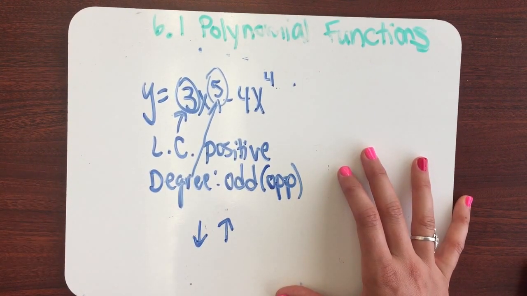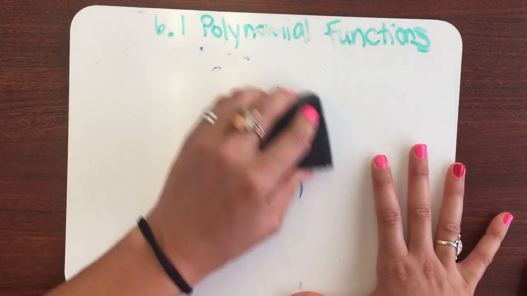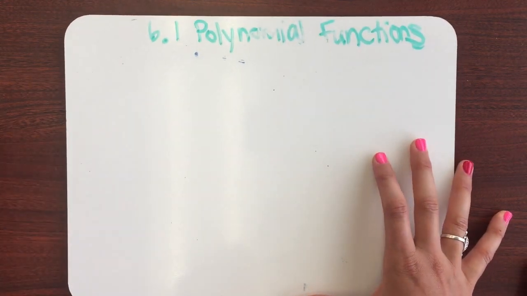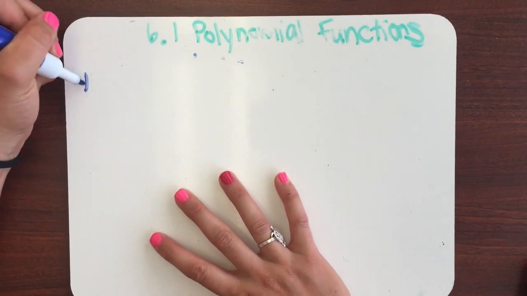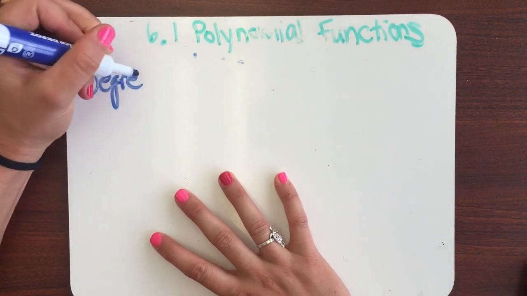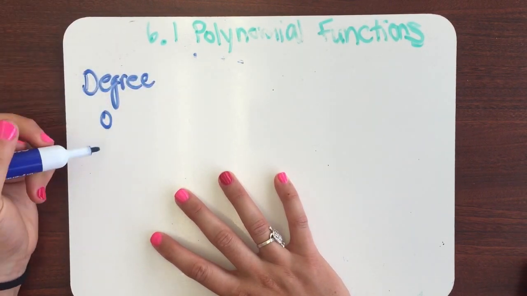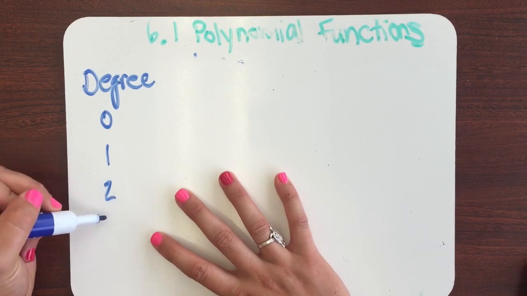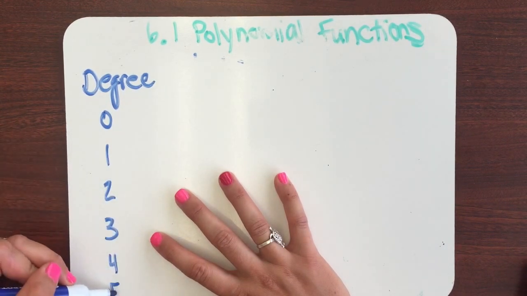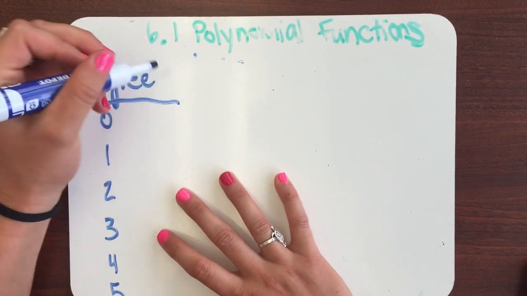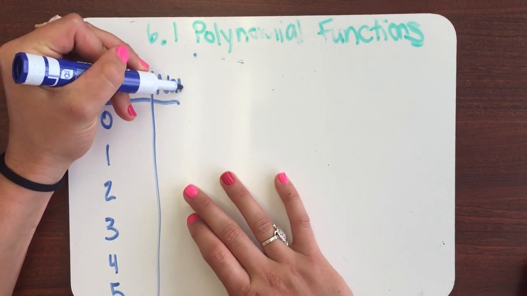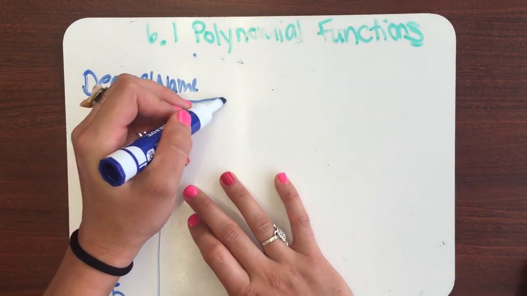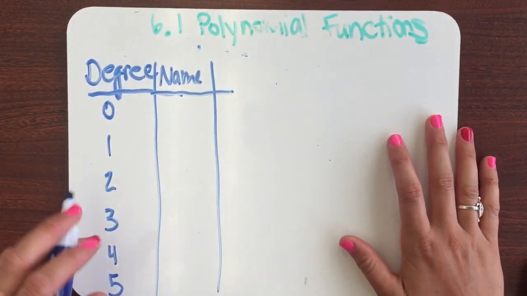Some other things we need to look at for this section is classifying it by degree and by number of terms. So let's say that the degree is 0, 1, 2, 3, 4, or 5. We'll look at the name that we call that, and then we'll write an example.